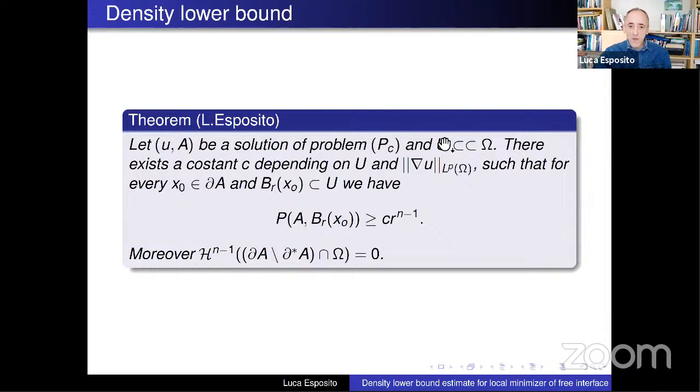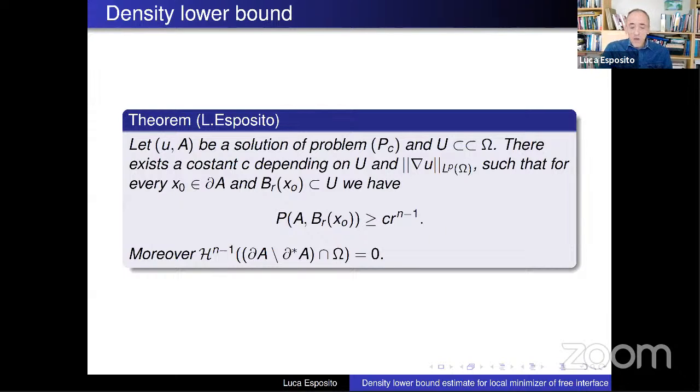Indeed, if you take an open set U inside omega, there exists a constant depending on u, and depending on the norm of the gradient of u in LP, such that for every x naught in the topological boundary, and for every ball centered in this point that is contained in U, you have that the perimeter of A inside this ball is not too small, is greater than a constant times r to the power n-1.